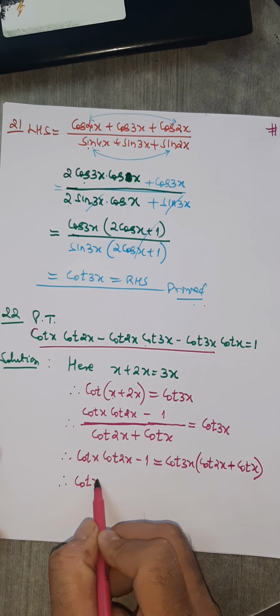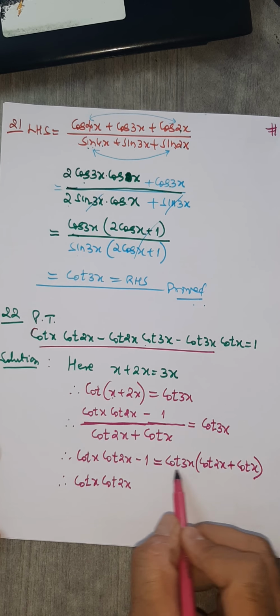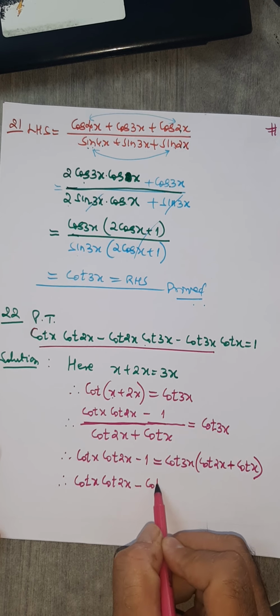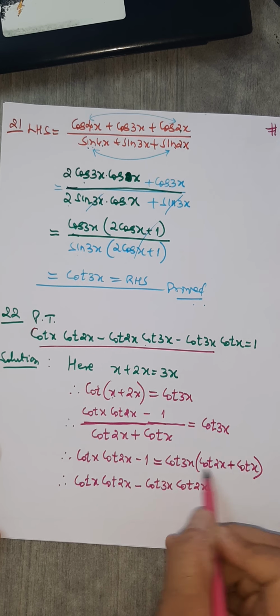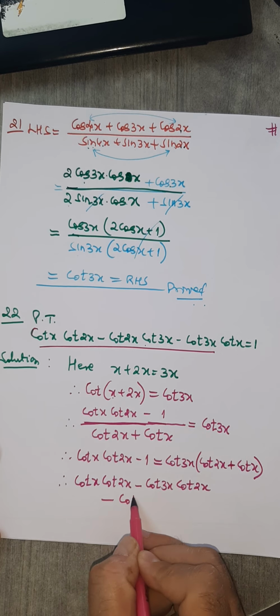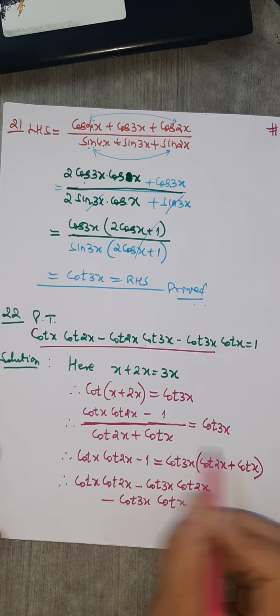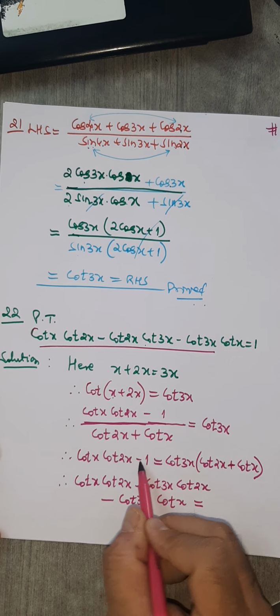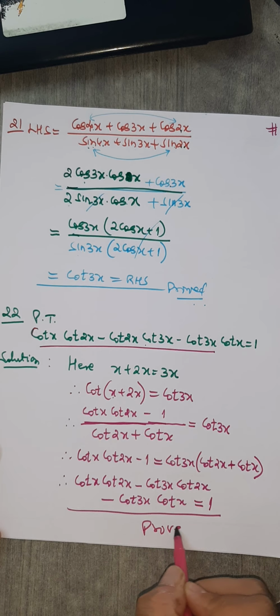So this is cot x into cot 2x. Here this is plus, I'll take on the left hand side, cot 3x into cot 2x. This one over there, so minus cot 3x into cot x. Opening the bracket, taking on the left hand side, minus 1 on the right hand side. So proved. That's what you want.